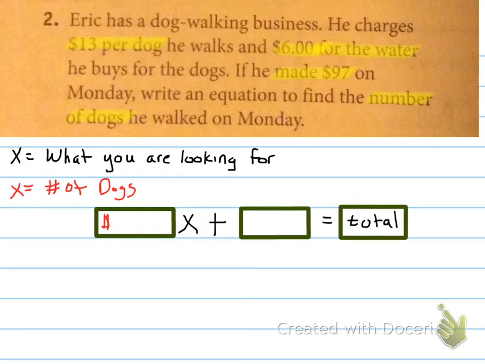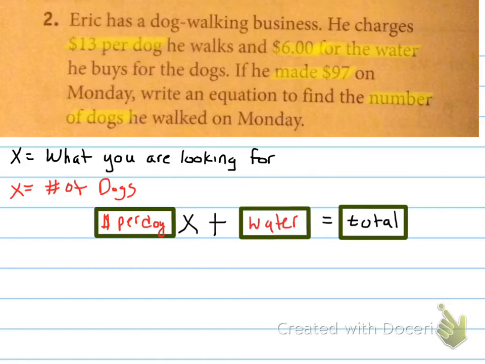So money per dog times X plus the water should equal the total.